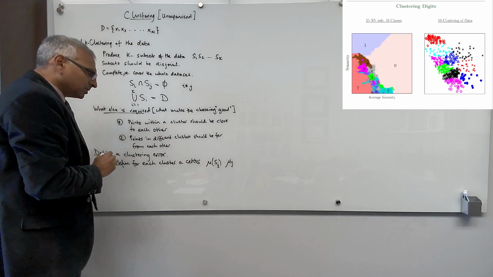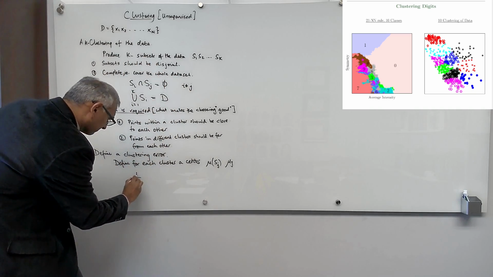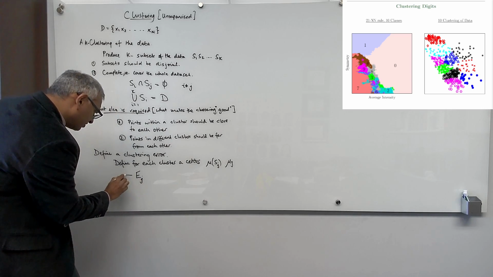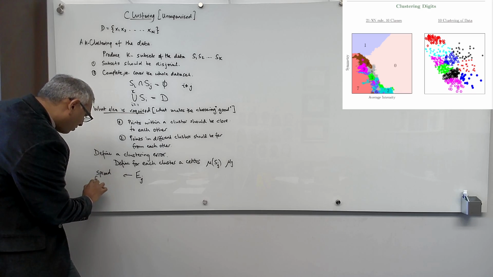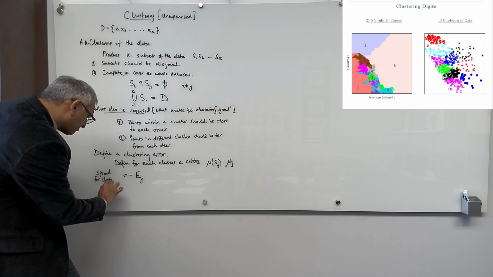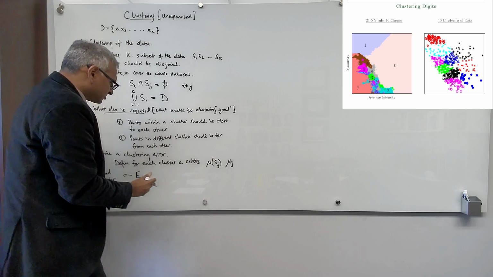Okay, so then we can define the error, the spread of cluster J, Ej. Think of it as the spread for cluster J: it is just the sum of the squared distances to the center.